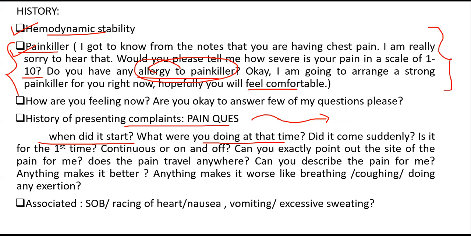So we are just taking the patient to the resuscitation cubicle, asking the nurse to hook the patient up to the ECG monitor and organize an ECG to be done straight away, insert 2 large bore IV cannula and then take some blood for necessary investigation, most importantly, a cardiac enzyme. Okay, so once you have done this initial part, then you are going to start asking questions to the patient. Is this making sense for everyone?